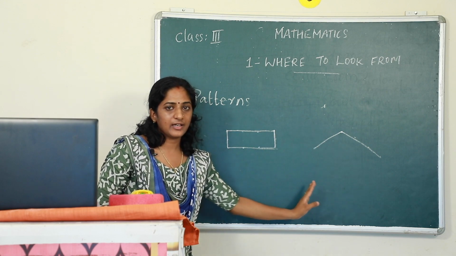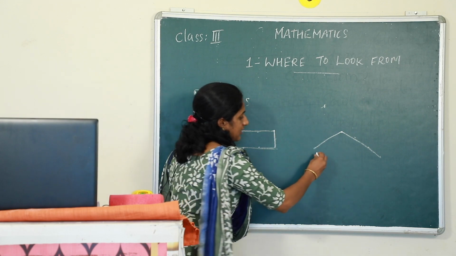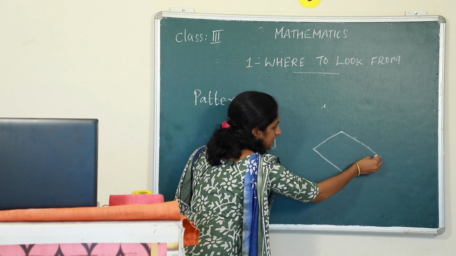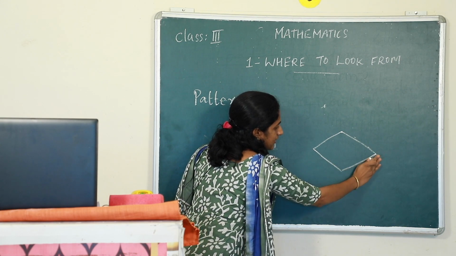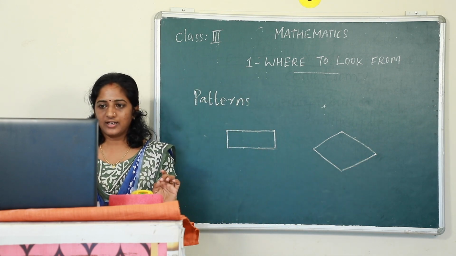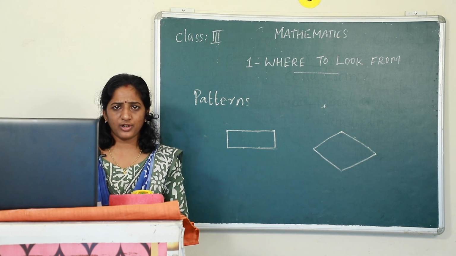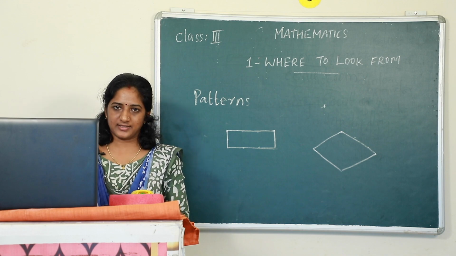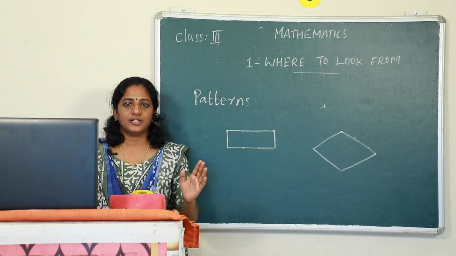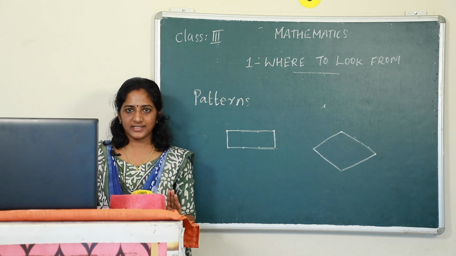So this will be a square. So we have to join dots like this to form a square. Like that, can you complete the whole picture? It's easy for you, no? Yes. Now children, you understand what a pattern is, right?